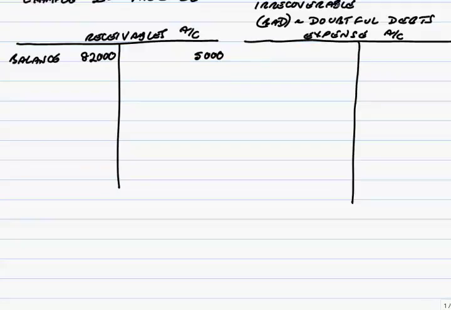It just takes a long time to write. But anyway, here's our expense account where we'll record the cost of everything we do. So to remove John, credit receivables, debit the cost of doing it to the expense account. I can't write irrecoverable and doubtful debts, I'll just say irrecoverable debt expense.